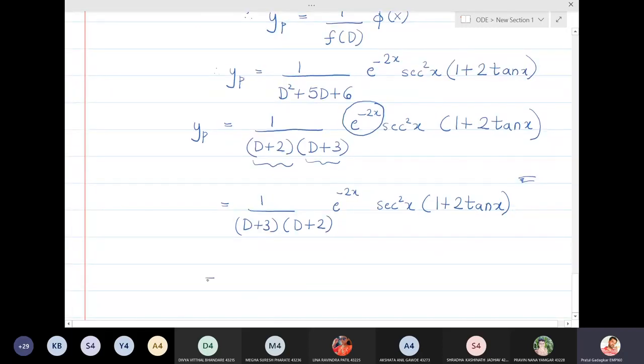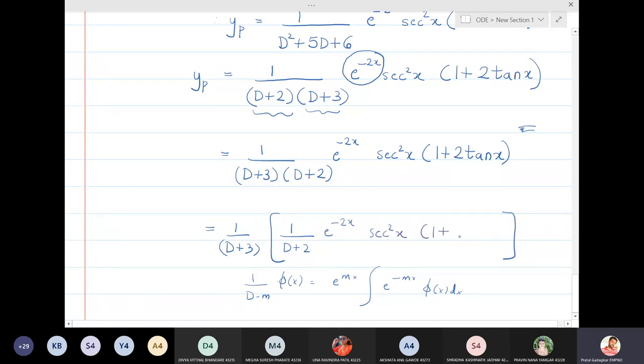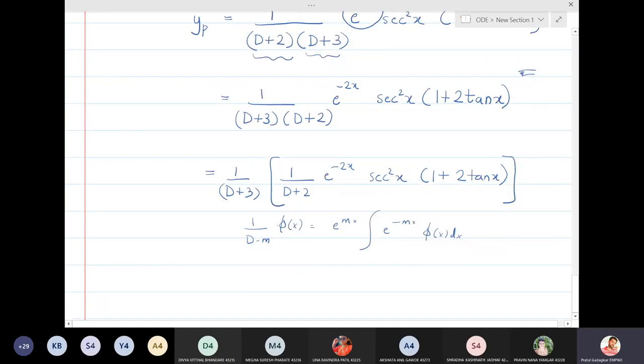And now I know the formula: 1 upon d minus m of phi of x is equal to e raised to mx integration e raised to minus mx phi of x dx. So here in this problem I will take 1 upon d plus 3 aside, and I will look at this particular factor, 1 upon d plus 2 of e raised to minus 2x sec square x into 1 plus 2 tan x, and here I will use m equal to how much?